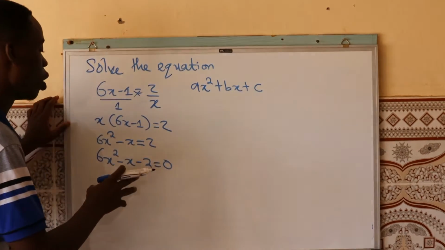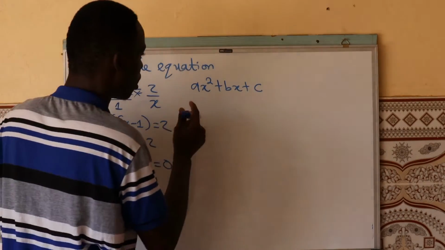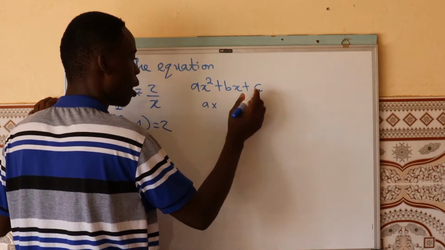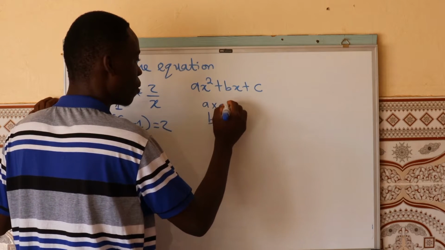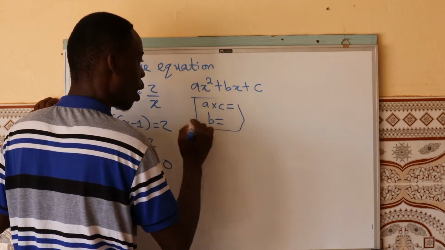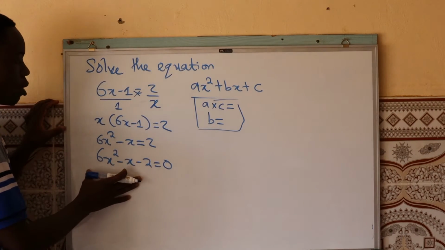And what we do in order to factorize this to find the values of x is we're going to say the factors of a times c and b. So the factors of these two will help us find the factors of this equation.